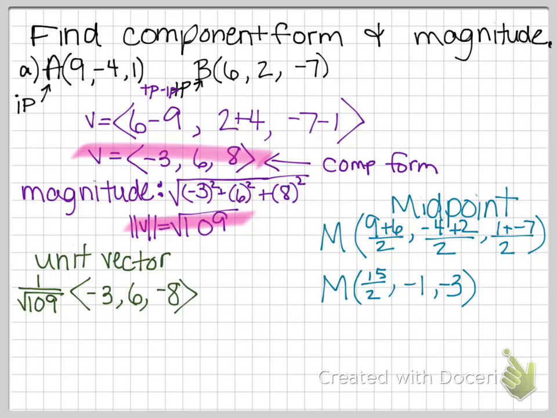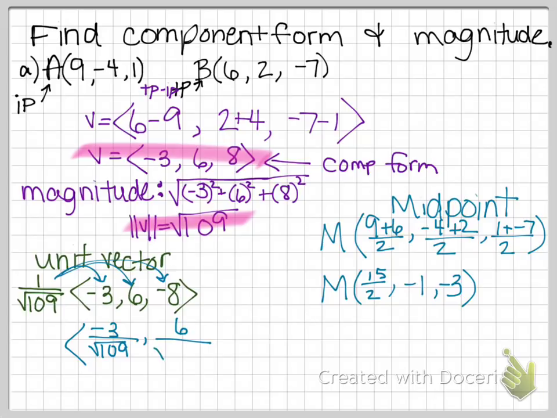And then you just take this scalar out front and distribute it on through. So we've got -3 over the square root of 109. And if you enjoy rationalizing your denominators, you go right ahead. I am not going to stop you, but I don't feel like it.